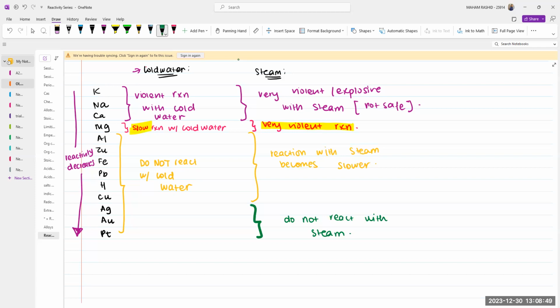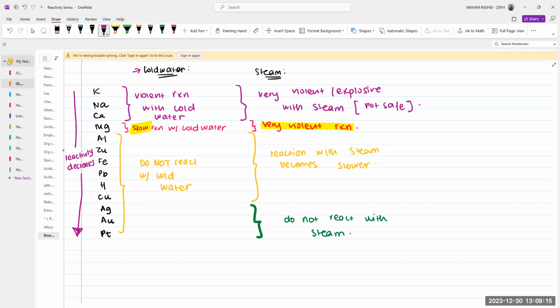So what is the trend that we observe here? We observe that the metals on the top of the reactivity series tend to react in a much more violent or explosive way rather than the ones at the bottom, right? So these three do not react with cold water as well as steam, right?